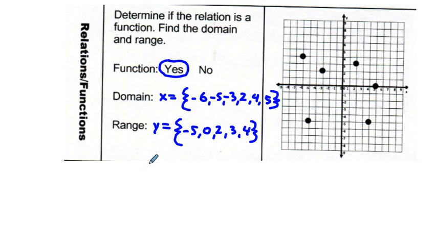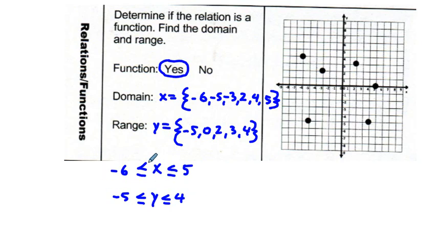Now I will tell you a common mistake I see in a situation like this. Sometimes people want to write down an inequality, like x is greater than or equal to -6 and less than or equal to 5, and similarly, y is greater than or equal to -5 and less than or equal to 4.